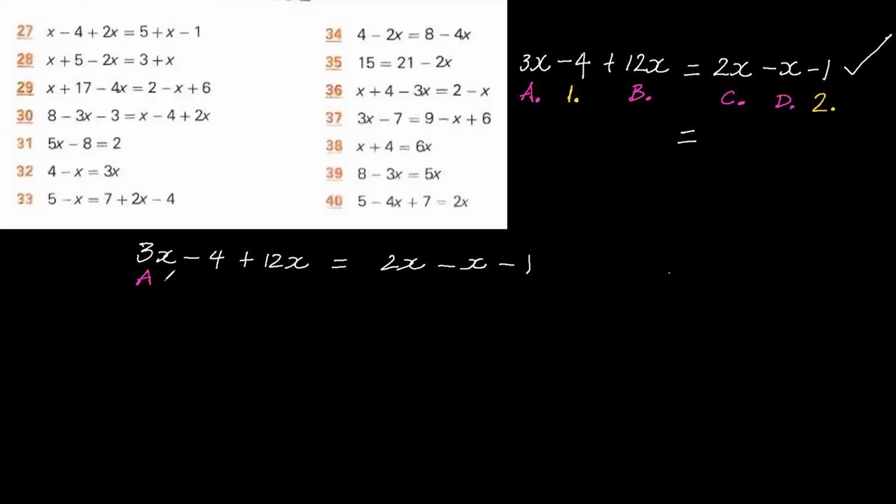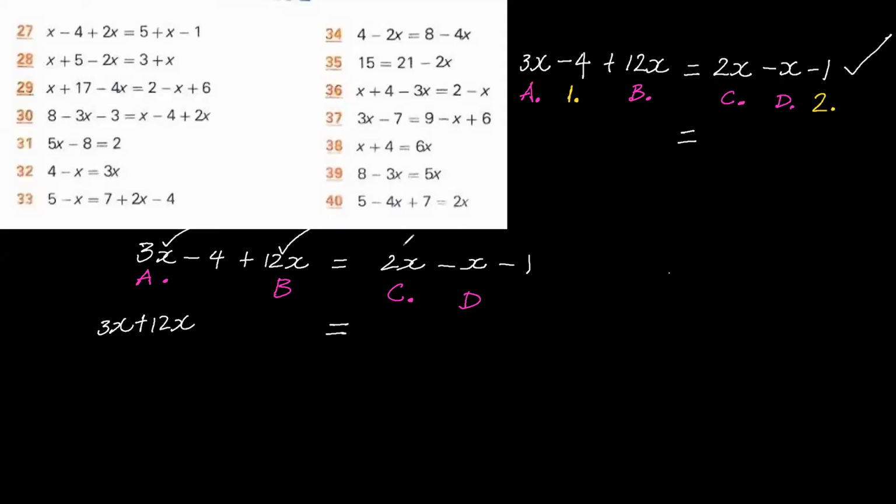Term A, term B, term C, term D. But what I have to do, I have to put an equal sign. So I have 3x from this 3x. I have plus 12x from this plus 12.